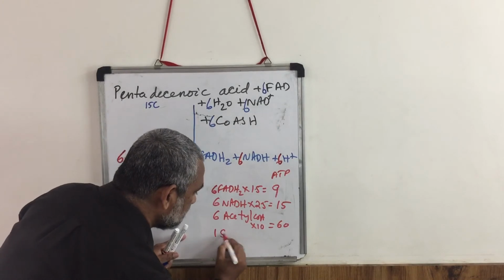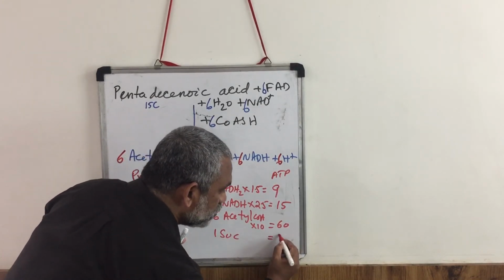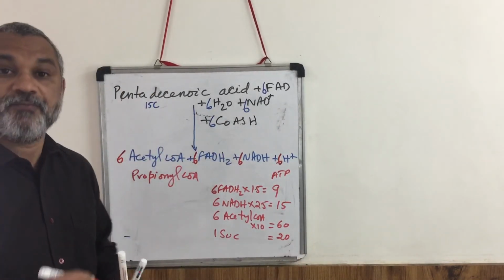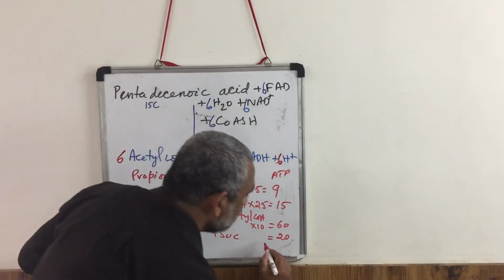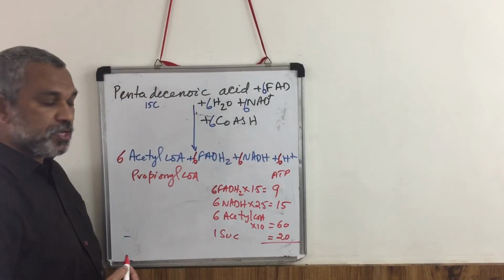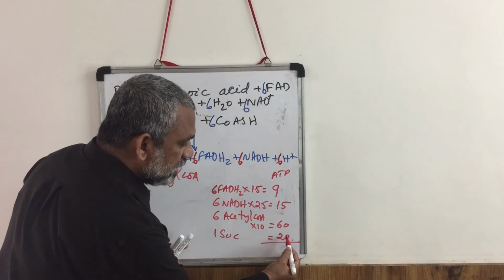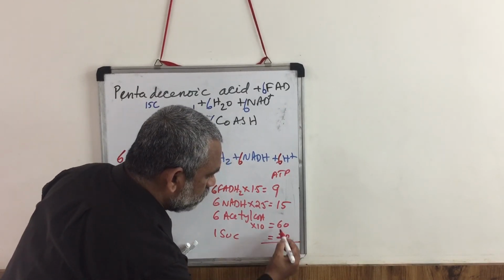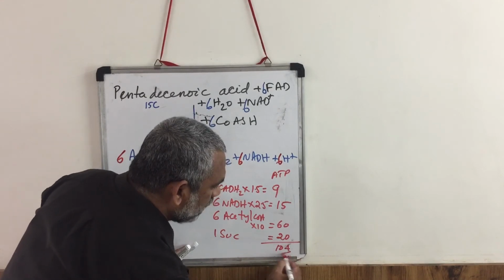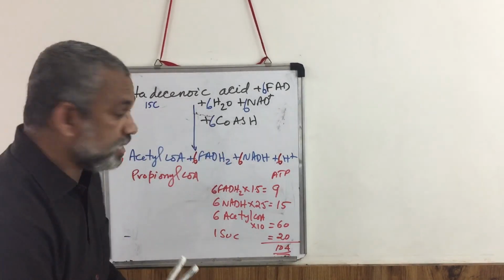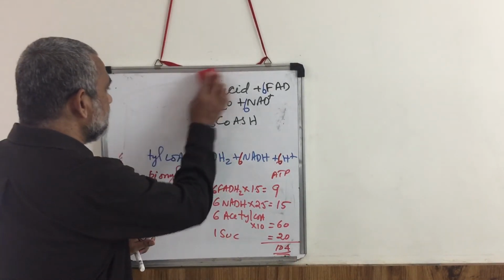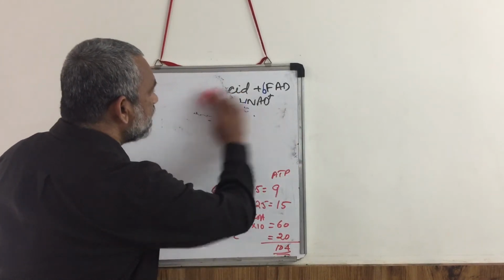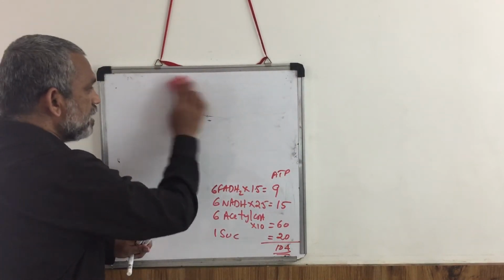So 1 succinyl-CoA is equal to 20 ATPs when it enters into the TCA cycle. So the net yield is 104 ATP.